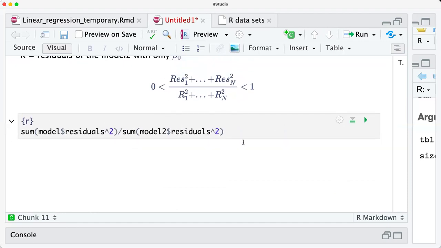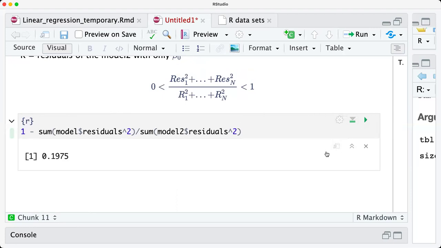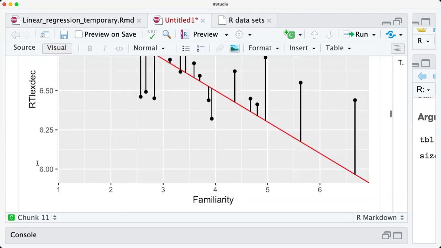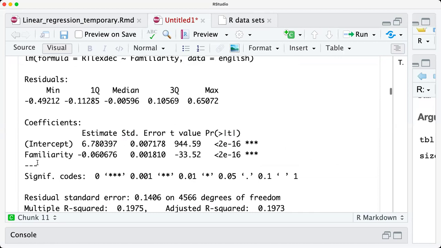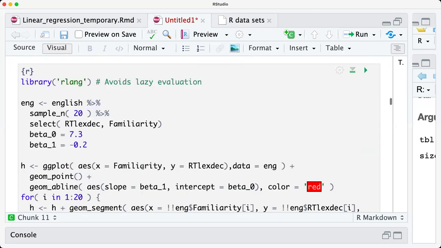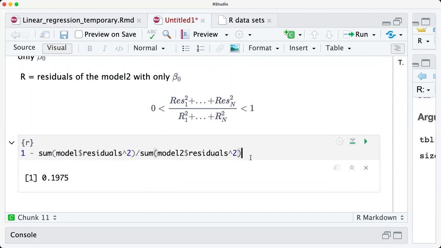We want a number which is close to 1 when the model is good, so we subtract this quantity from 1, and we should obtain the R squared. So this is the R squared, and this is the meaning.